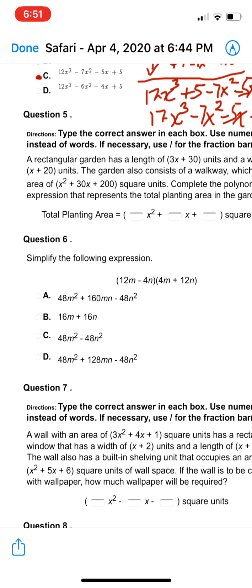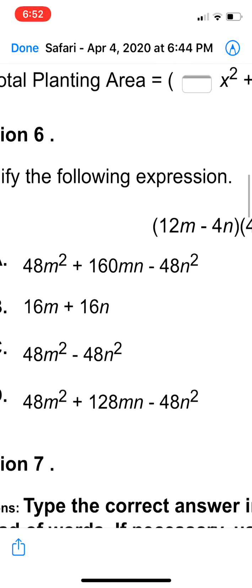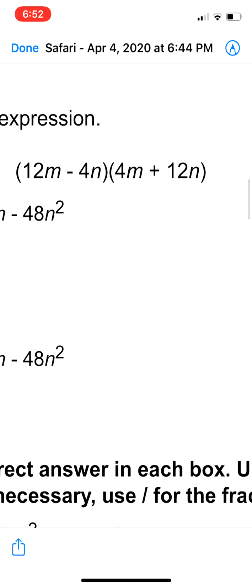Number 6 is a FOIL problem, or you could distribute. If you have 2 binomials next to 2 binomials, that's a quantity with 2 terms, you're going to FOIL. You know this because there's no sign in the middle. If there's nothing separating this quantity from this quantity, besides a parenthesis, you're multiplying.